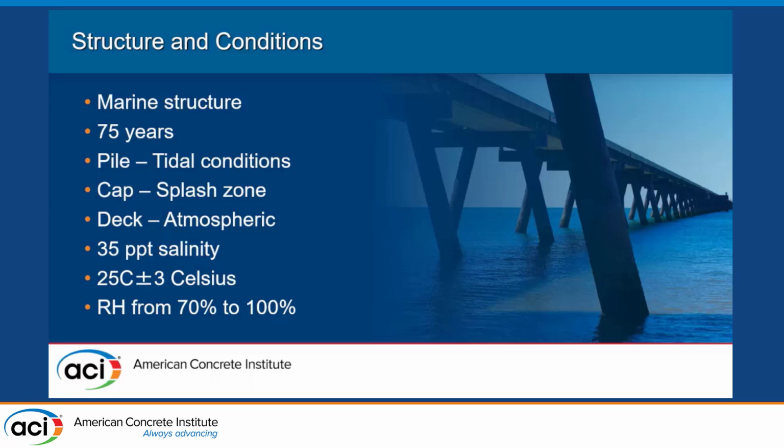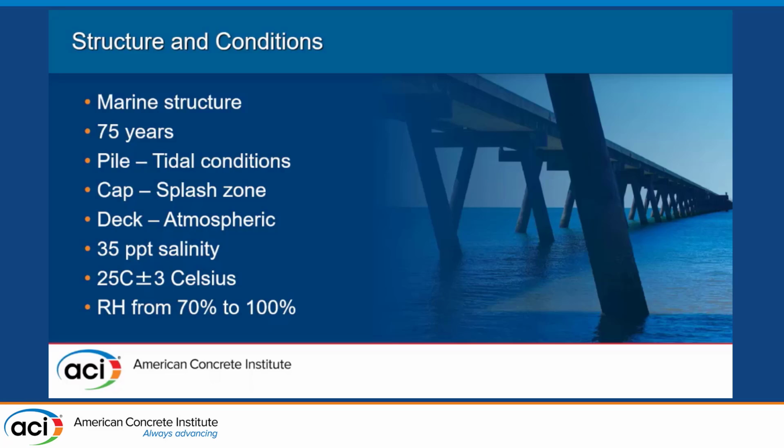The salinity is assumed at 35 ppt, which is normal, standard, and the temperature is 25 degrees plus or minus 3. It's not very variable, so I didn't play with that for the purpose of this presentation.